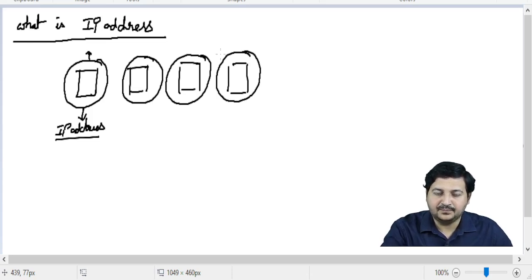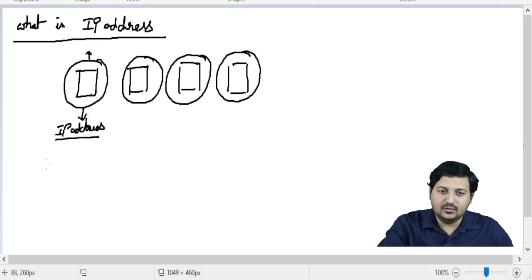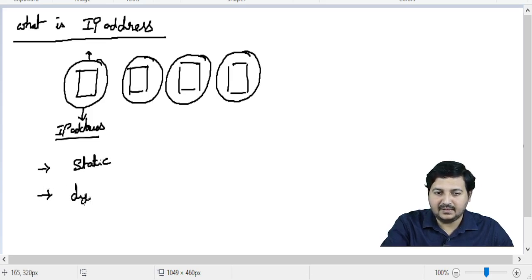And then the next question is, who provides the IP address? Basically, we have two different types: one is called a static IP and one is called a dynamic IP. What is the meaning of static?